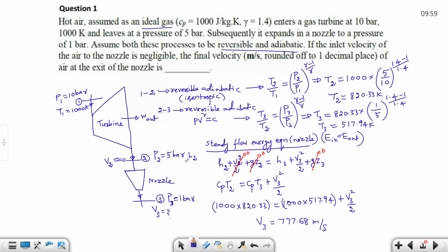Rounded to one decimal place, the answer will be 777.7 meter per second.